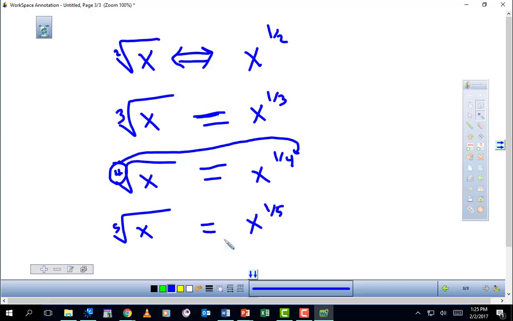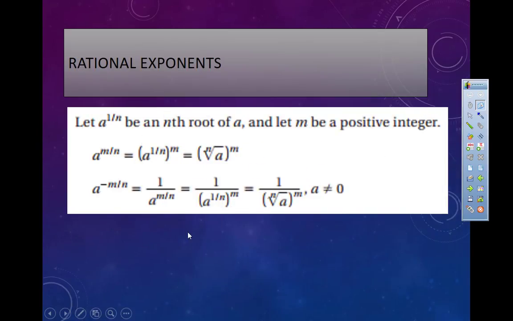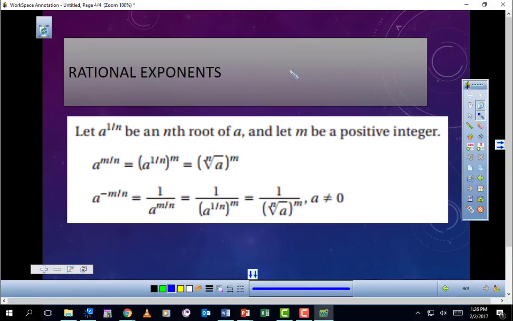Yeah, pretty easy stuff. Okay, so now let's go back to our PowerPoint and see this property now. Every time you have these cube roots or fifth roots or whatever roots, you have what's called a fractional exponent. And so now we're going to learn some exponential rules. The rule number 1 right here is the same one we had before.